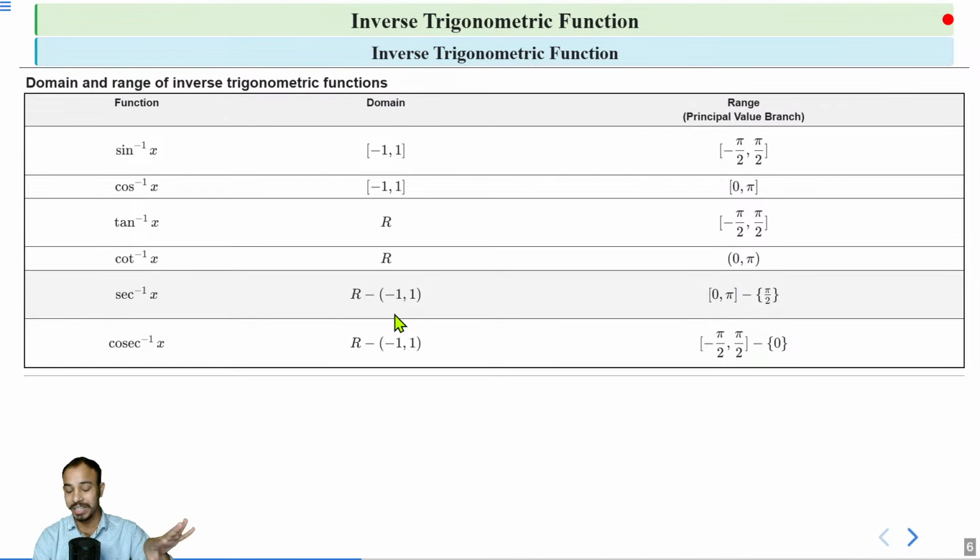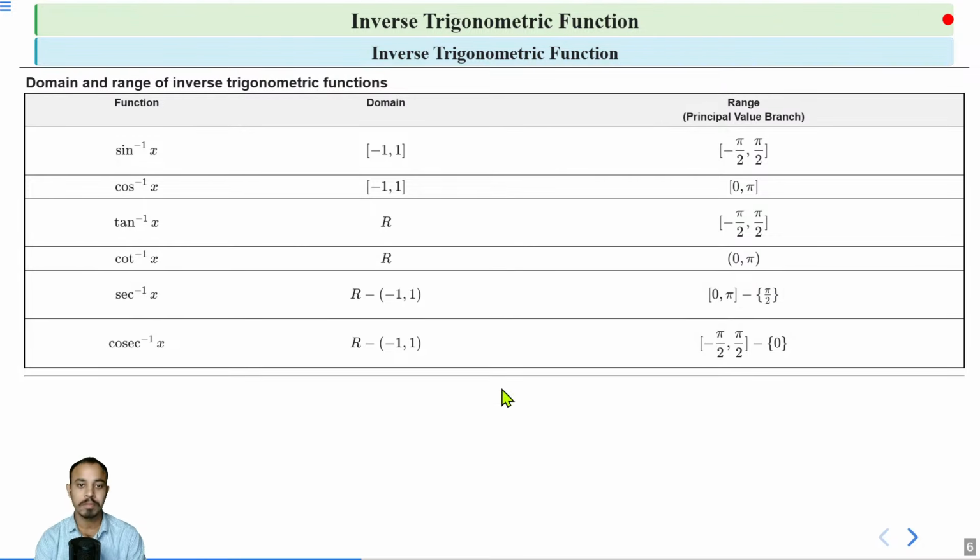In the open interval minus 1 comma 1, the sec function is not one-one and onto, so the inverse of the sec x function does not exist there. So for that we restrict the domain.